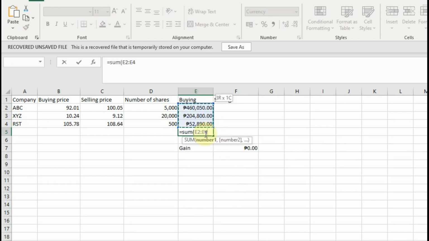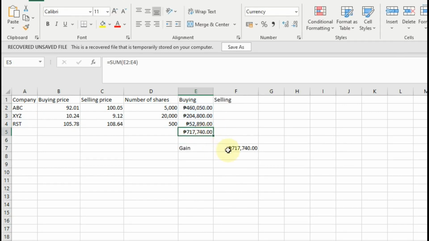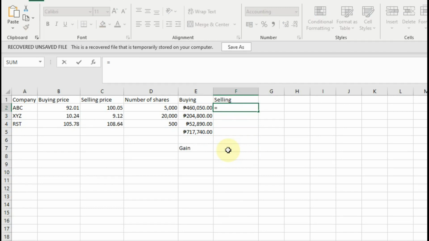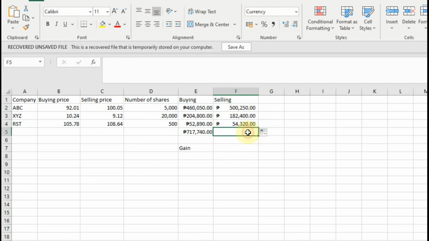Get the sum. So this means she spent 717,740 pesos. And then how much did she sell these shares? So it's equal to the number of shares times the selling price. Drag that. And then for the sum, I will just copy the formula of this. So I will just drag.